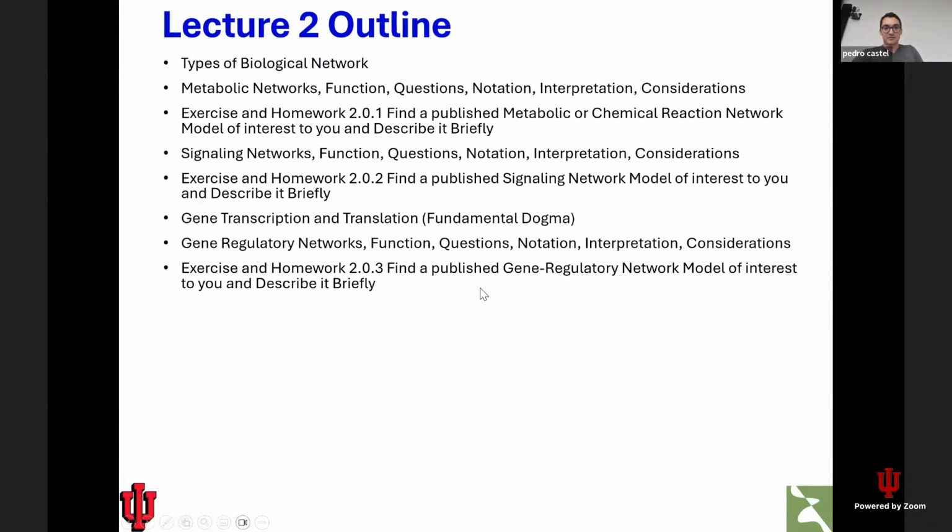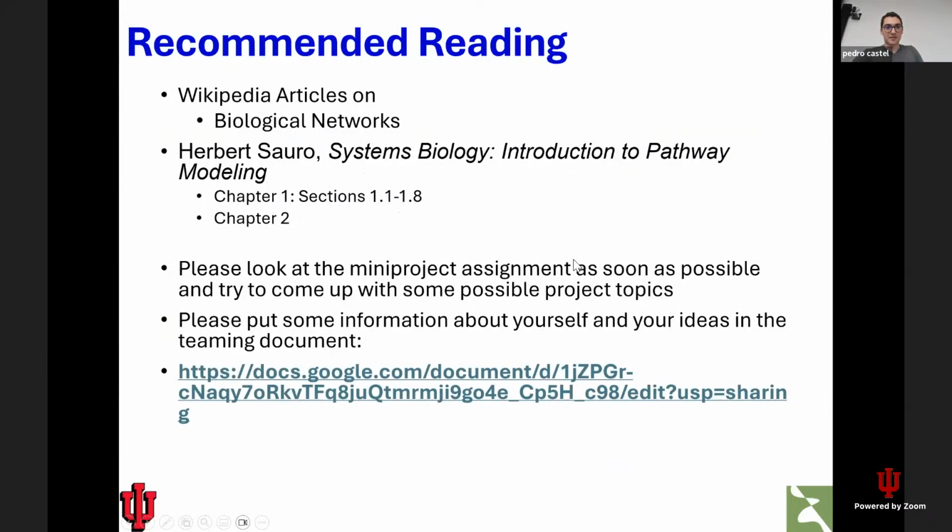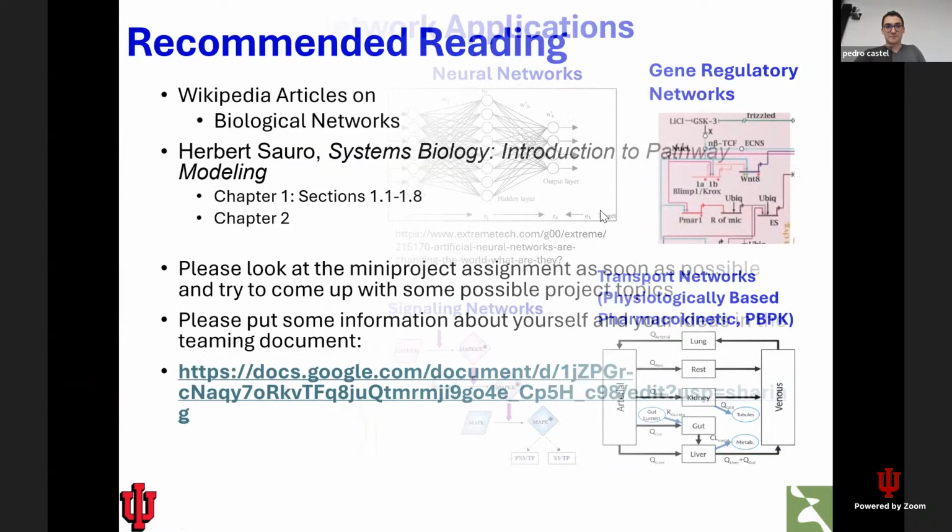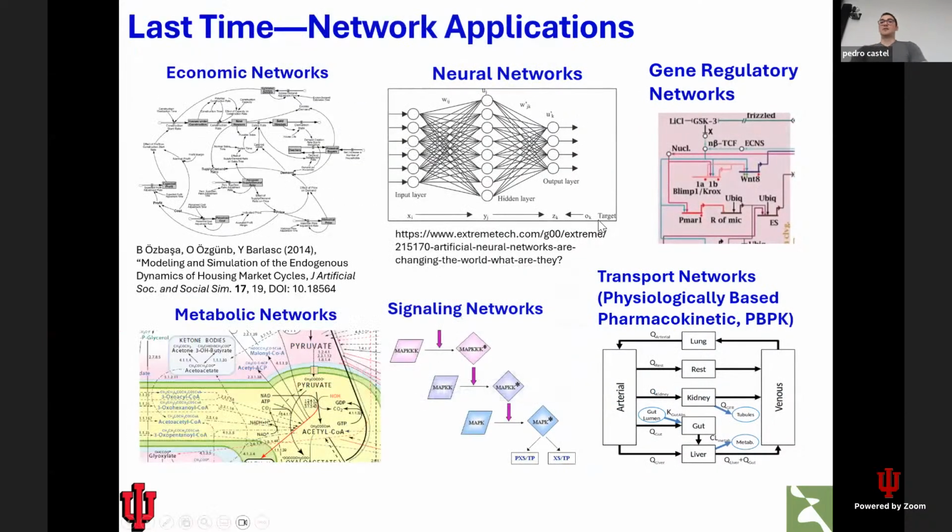So this is the outline of the class. That's all okay. Recommended reading if you want to go more in depth. Last time we covered the types of networks in general, in economy, in AI, and so on.